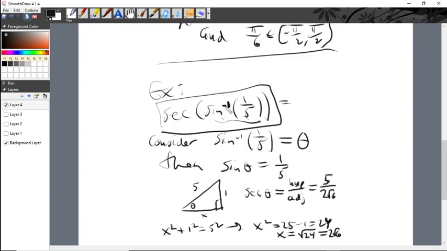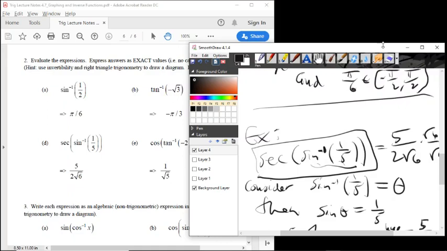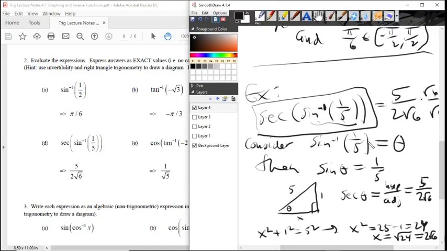The secant of the arcsine of 1/5, which is the same as the secant of theta with the triangle that we constructed, is 5 over 2 root 6. Or if we rationalize the denominator, we can say this is 5 root 6 over 2 times 6, which is 12. And there's the solution. So the secant of the arcsine of 1/5 is equal to 5 root 6 over 12. That's where that solution is coming from.